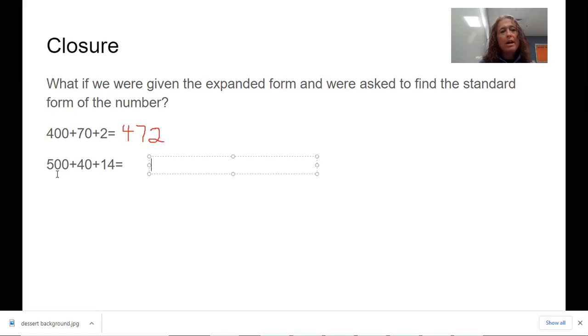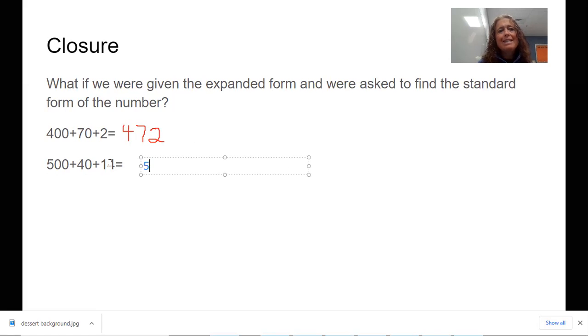Okay, so we still have the 5 groups of 100. So here's 5. Now we have 4 groups of 10 or 40, but we also have this group of 10 right here. So what do we need to do? Ms. Fogelman needs to erase that. Okay, so we have our 5 for the hundreds place.